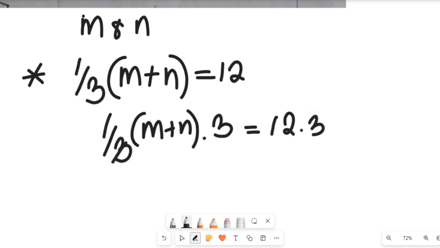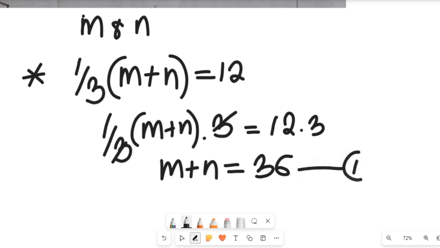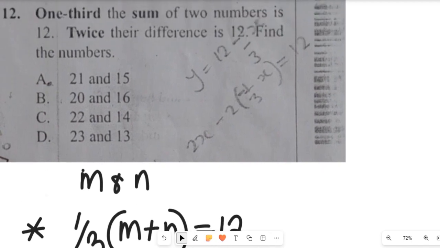So if 3 clears 3, m plus n will be equal to 36, and that will become our equation 1. So you see, we've gotten equation 1 from the first expression.